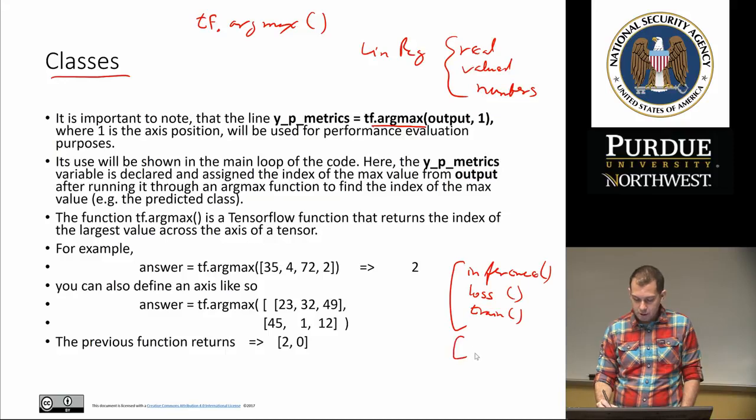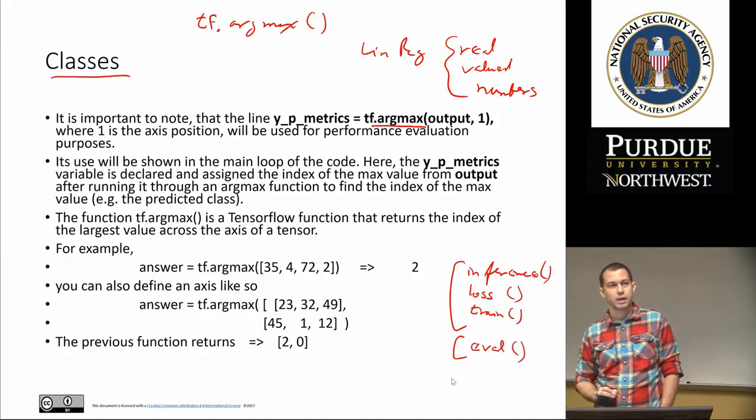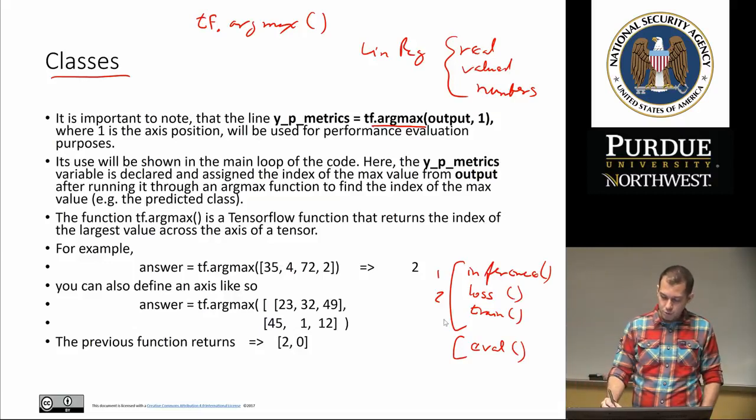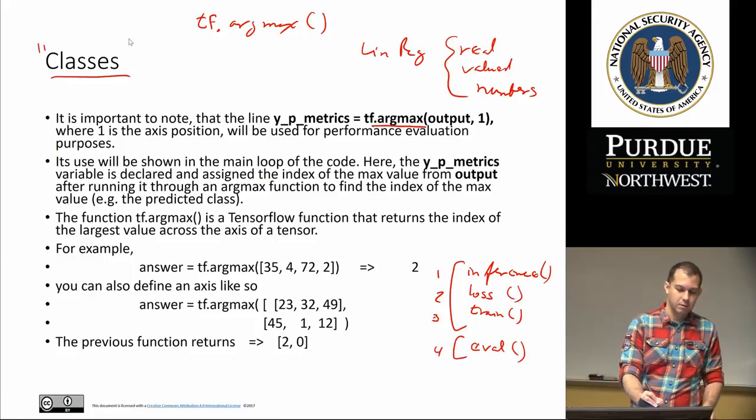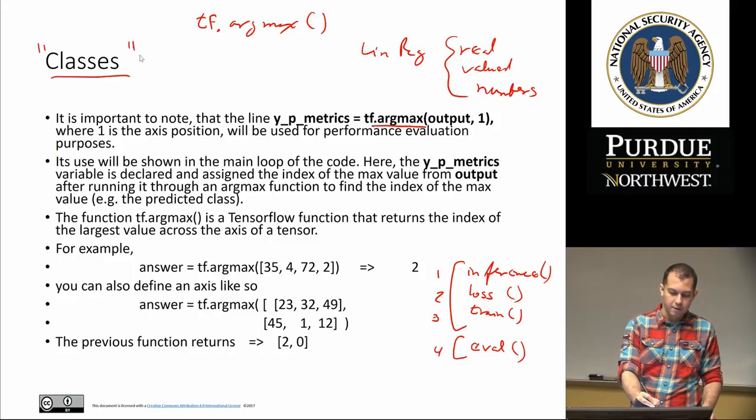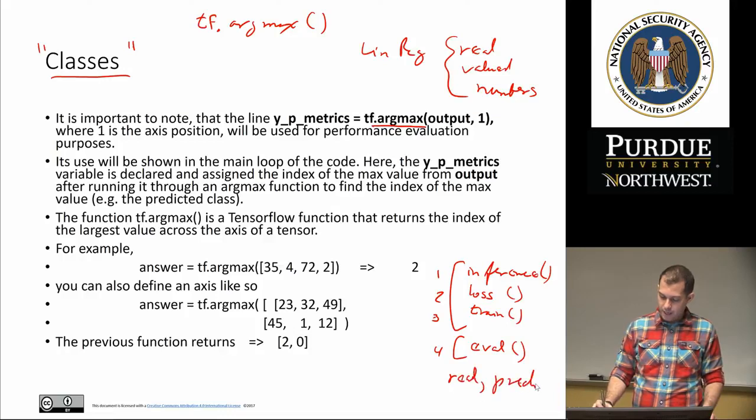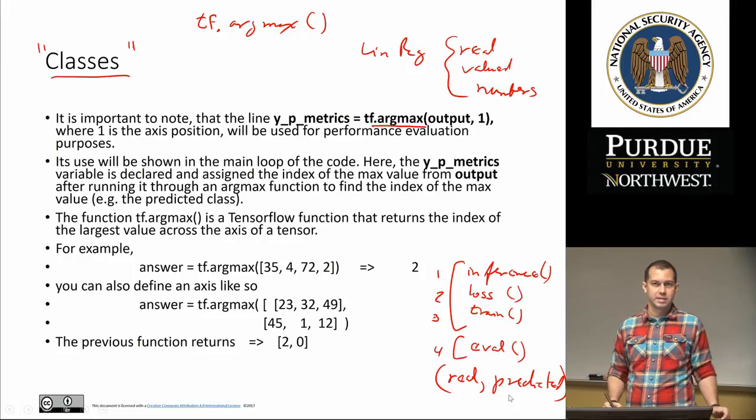And then I did mention that there was a fourth one, something like eval, evaluation. So there's 1, 2, 3, and then there's this fourth one. Now because we're dealing with classes here, we have an eval function. And this eval function needs to take the real classes, the actual classes, and the predicted classes, compare them and basically say what the accuracy is.